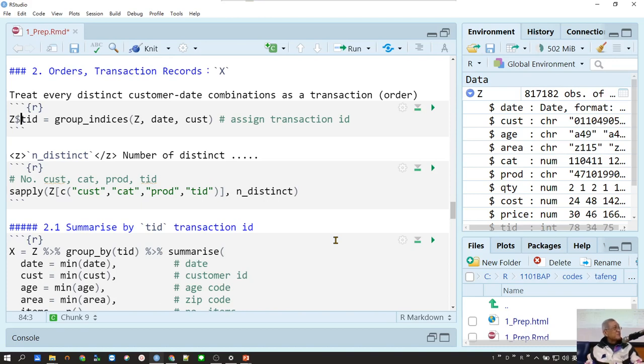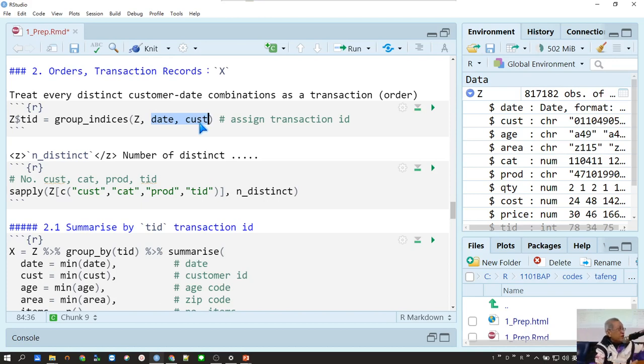Yes, yes, yes. Because what it does is, for every distinctive combination of date and customer, it will create a unique ID, right?